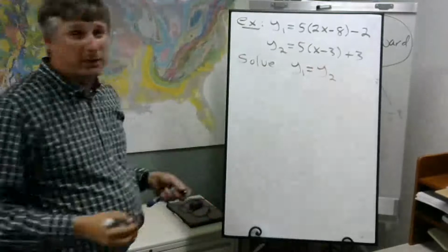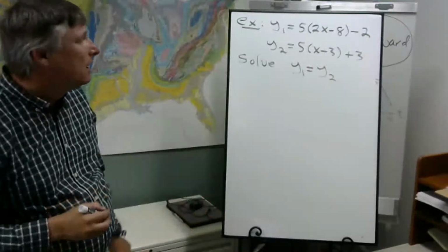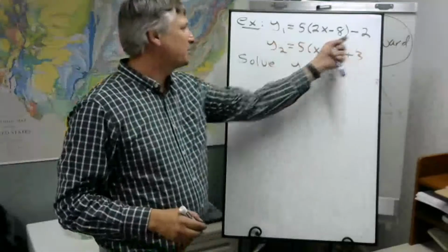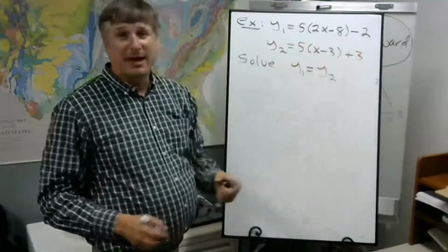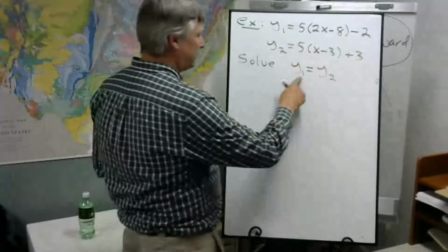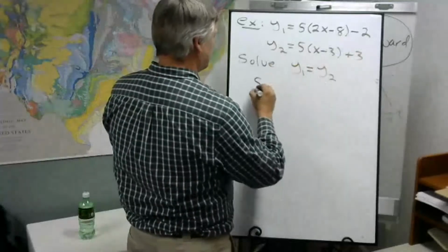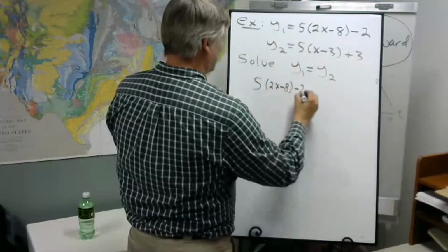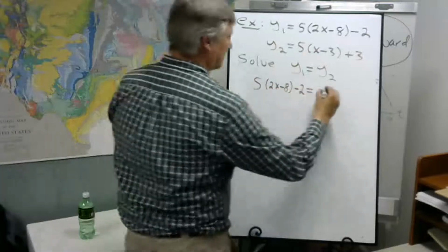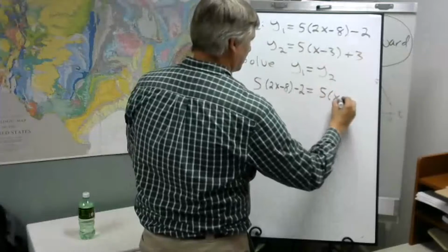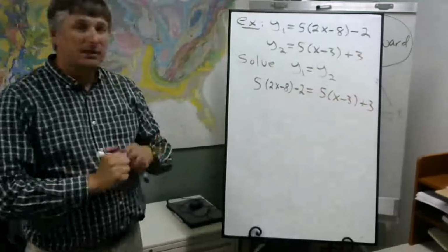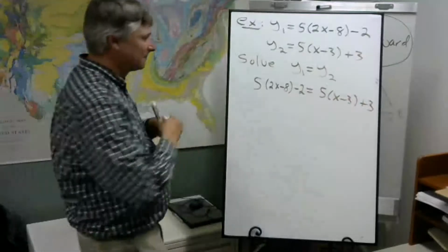I want to solve y1 equals y2. All this is saying is we're going to take this expression and set it equal to that expression. y1 equals y2. And then we just solve for x.